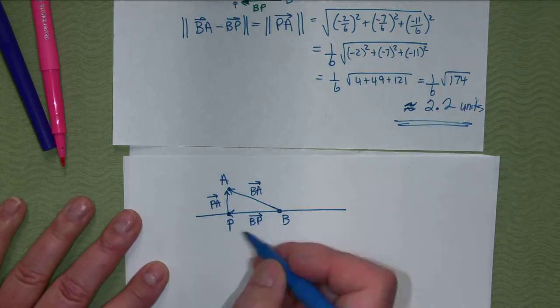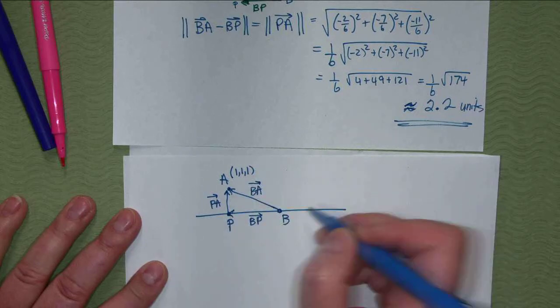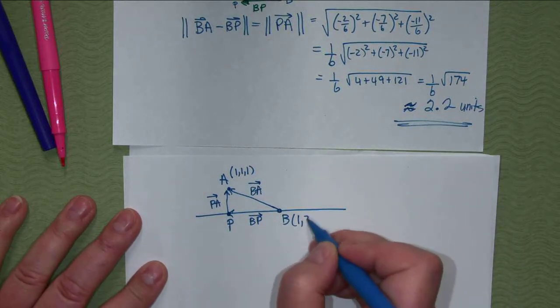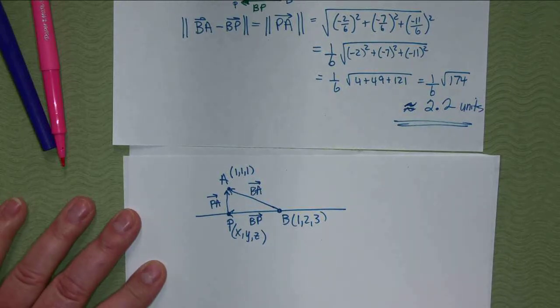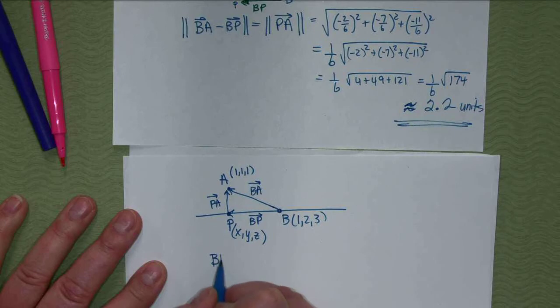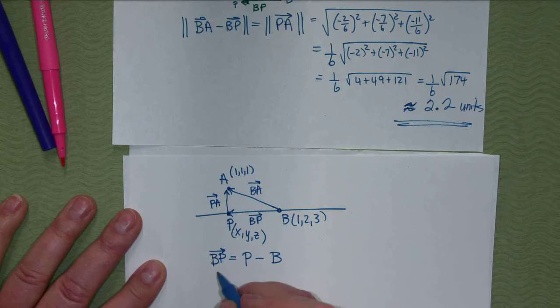So A was the point 1, 1, 1. And B was 1, 2, 3. And remember I said P is X, Y, Z. So if we know that PB is P minus B, the points, and we already have the vector PB, which is what? -2/6, 1/6, -1/6.